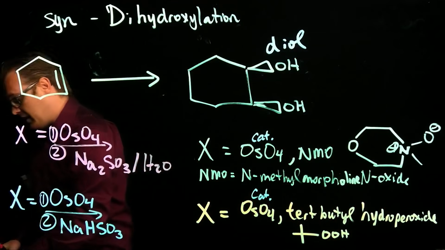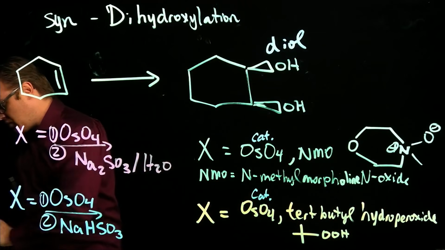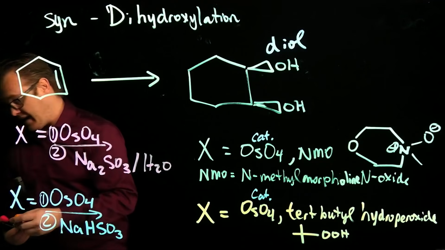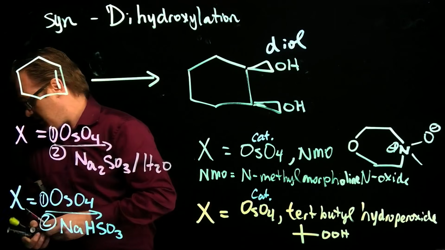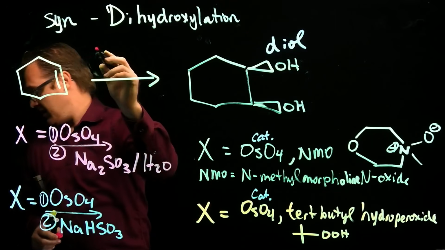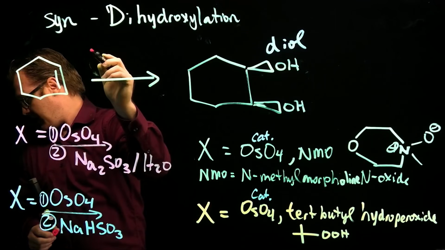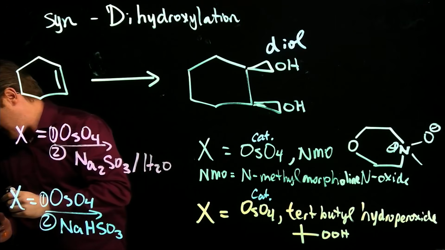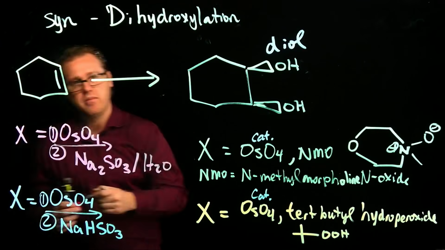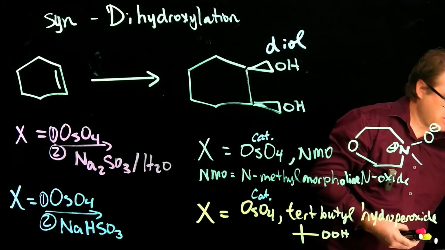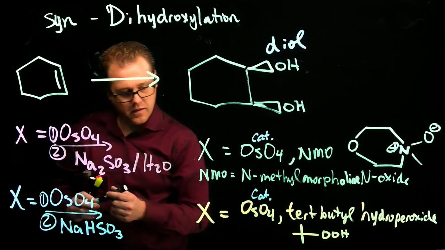Now the 5th one is where you can take potassium permanganate. And this is done in one step. Let me double check one thing. Okay.